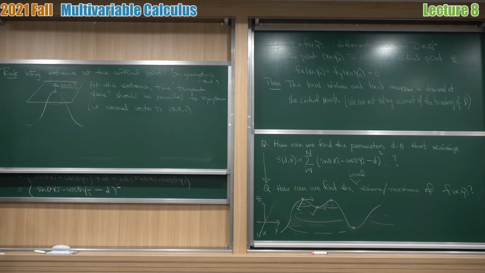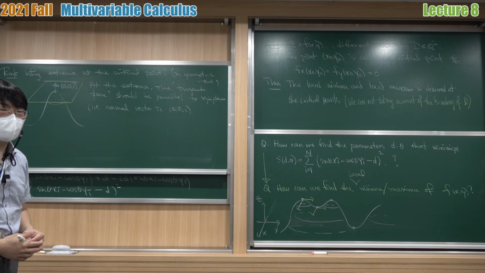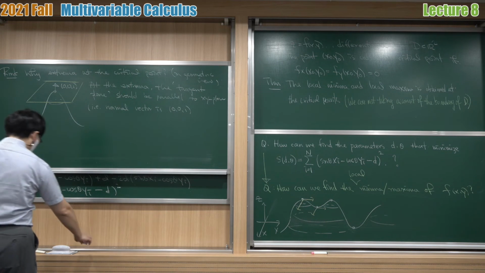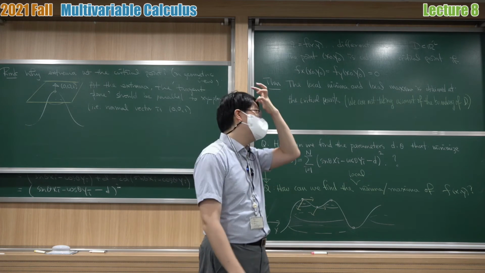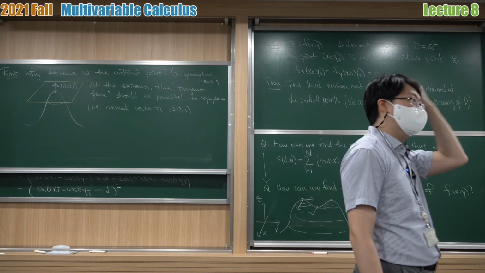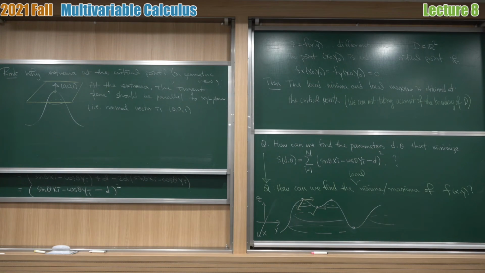Let me deviate a little from our argument about the extrema and talk about the tangent plane. How do we get the equation of a tangent plane? The question is, how do we get the equation of a plane in general? By using two parameters.